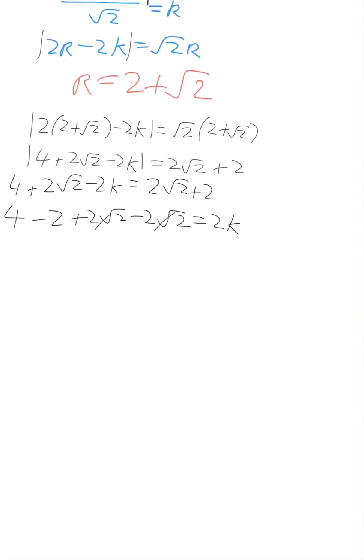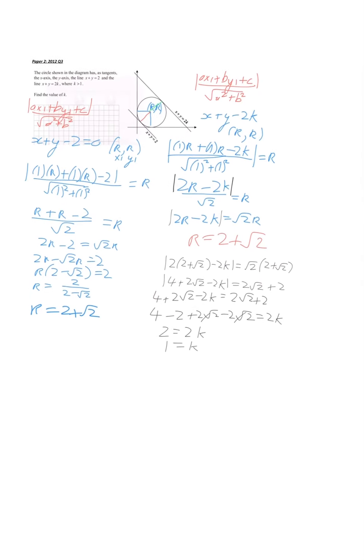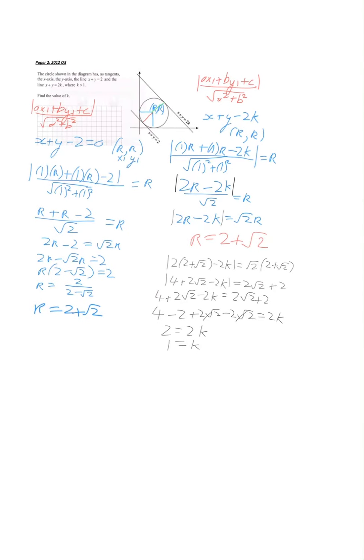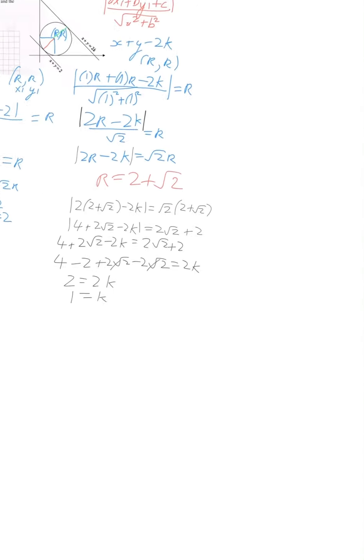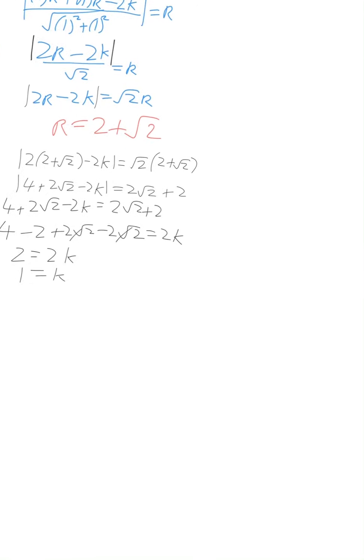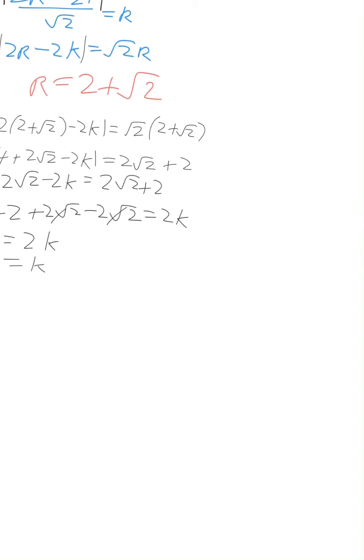So these will cancel, so then I'm going to have 2 is equal to 2k. So that means 1 is equal to k. Now, that actually is the exact same as the first equation, x plus y minus 2. So it can't be that. So let's go back now to this part here.